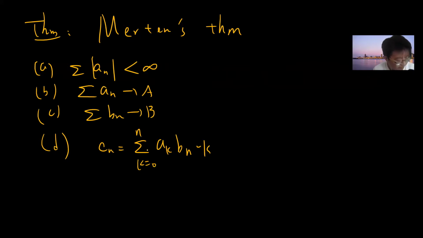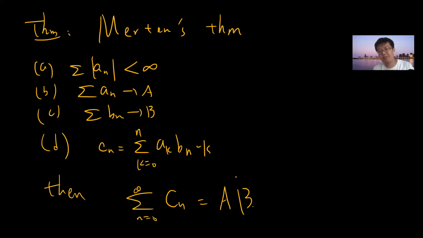Then the summation of cn, n from 0 to infinity, equals AB. This is the amazing result that the product of the series actually converges to the product AB. It's not necessarily obvious. So I think this is the merit of this video. We just prove it.